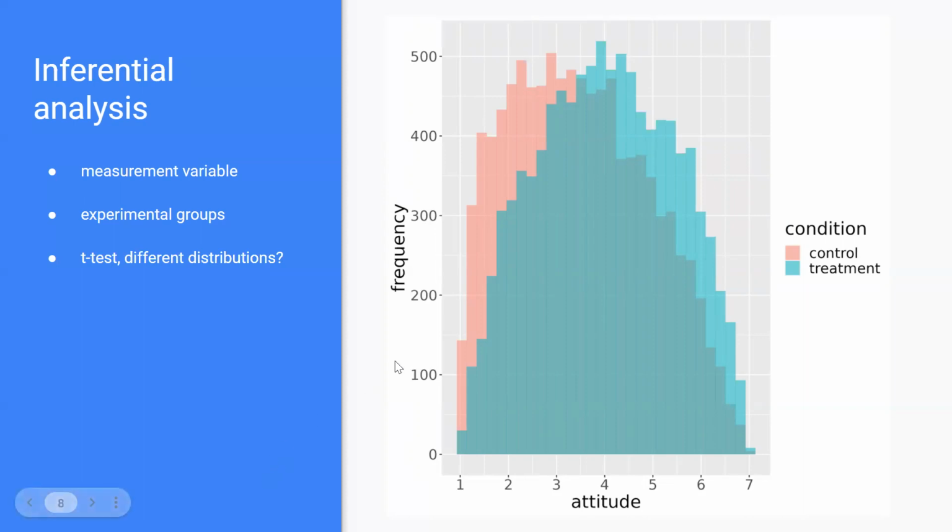You can see these distributions here in the figure. In this case, we have one distribution that is orange and one distribution that is blue, which is the treatment. And if these distributions are sufficiently different, we will say to ourselves that we think we have found good evidence, good support for our hypotheses.